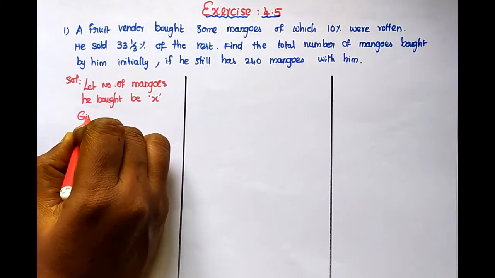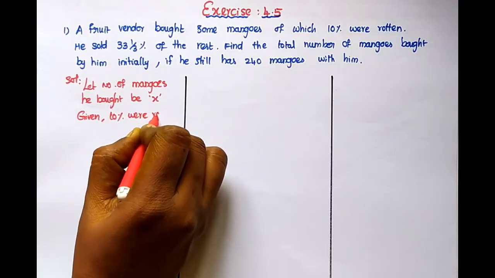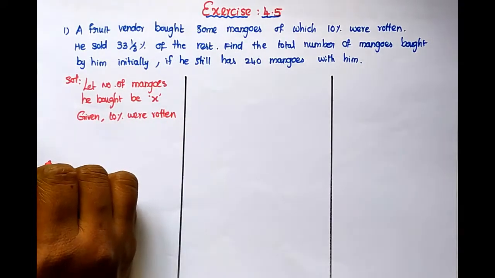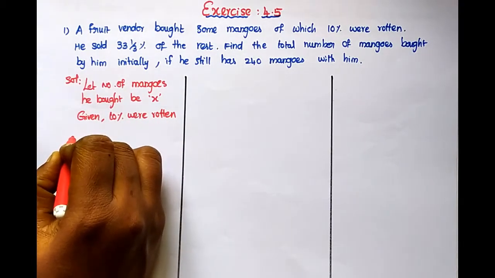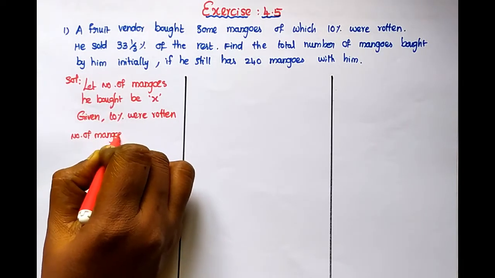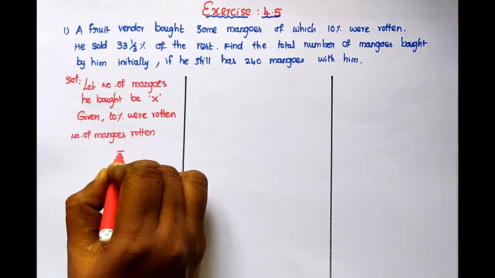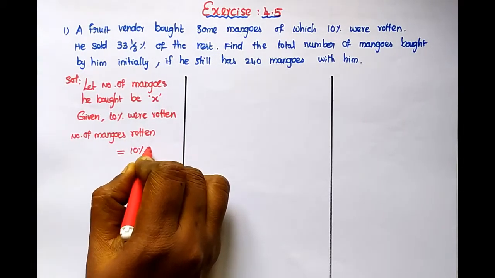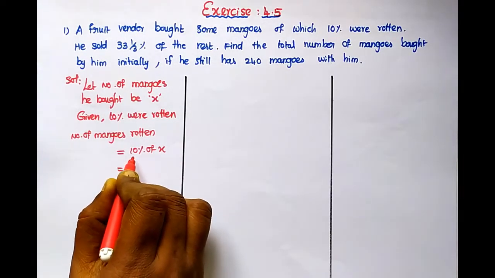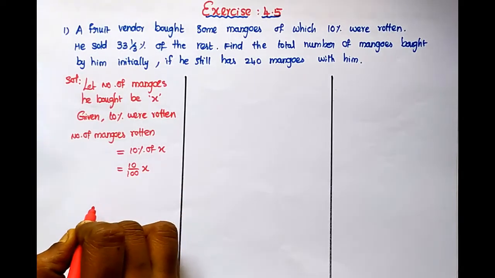So, given, 10% were rotten. 10% means how many mangoes? So, number of mangoes rotten is equal to 10% of x. 10% of x means 10 by 100 into x.